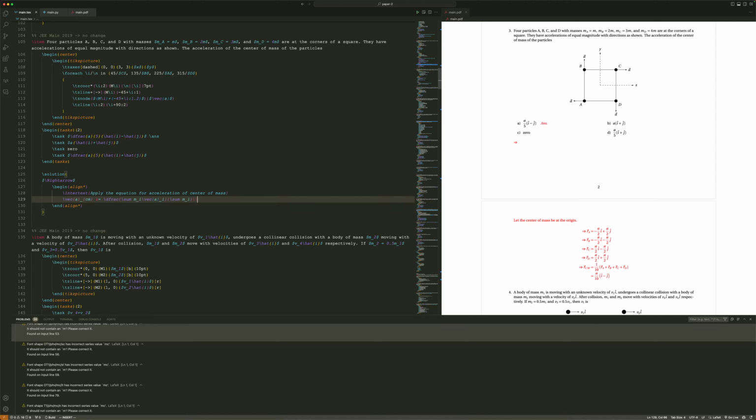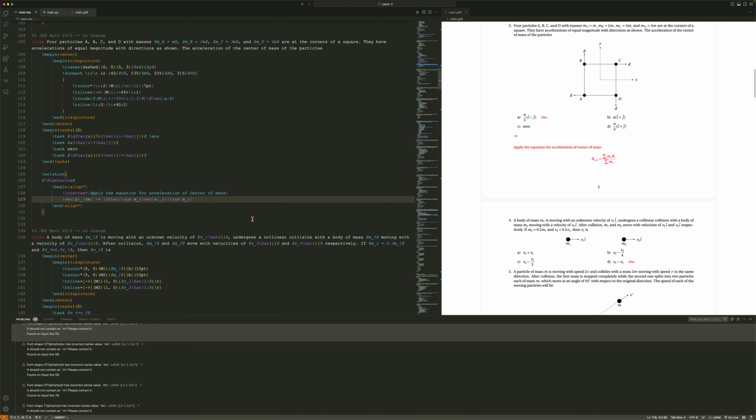Yes, let's see what it provided. Yes, it's good. So I think it is getting on. You have to just replace the text, and it will be much better. Yes, center of mass.